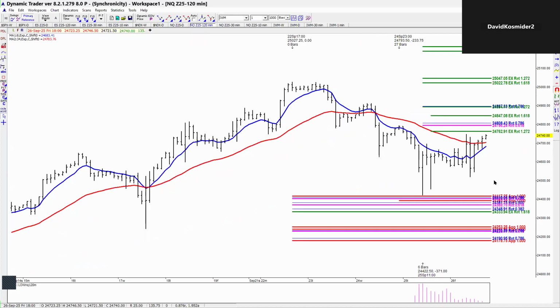This is a 120-minute chart. This is one of the charts that we look at every single day, showing in the trading room. We have a lot of futures traders in here, and it basically tested this zone that also had timing for a low. It doesn't look like a huge move, but let's see.